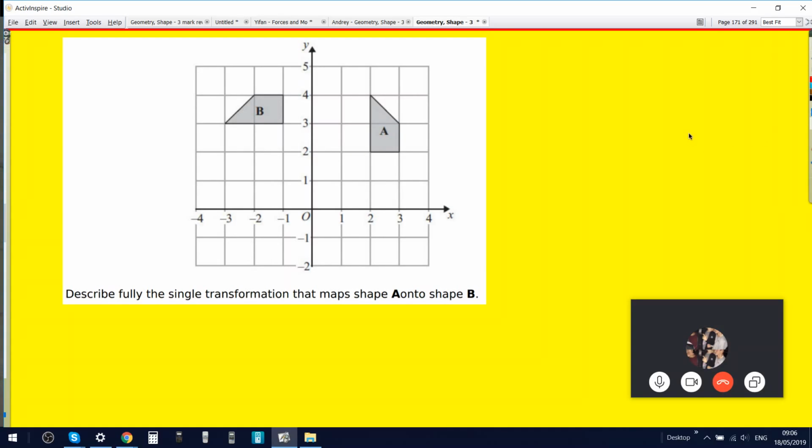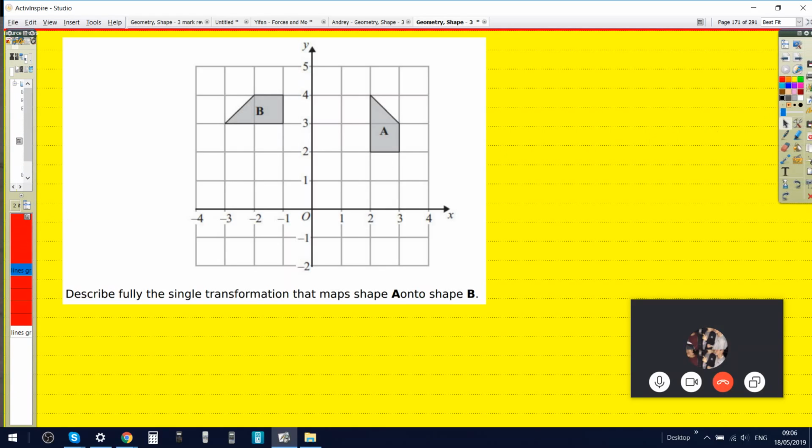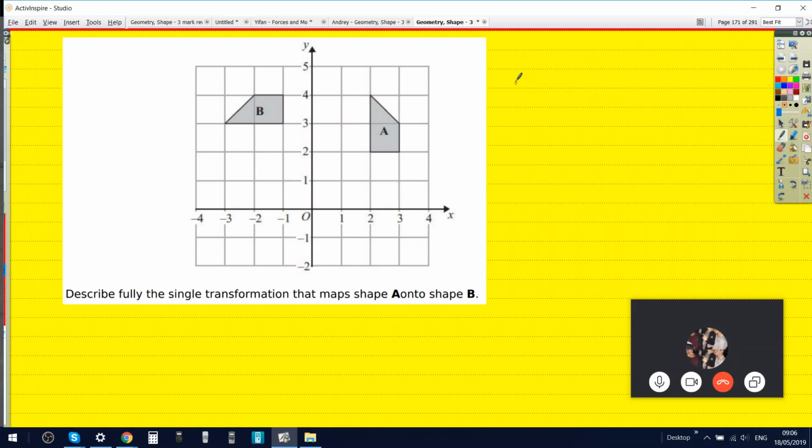So describe what it is. Okay, so shape A is being rotated 90 degrees anti-clockwise.